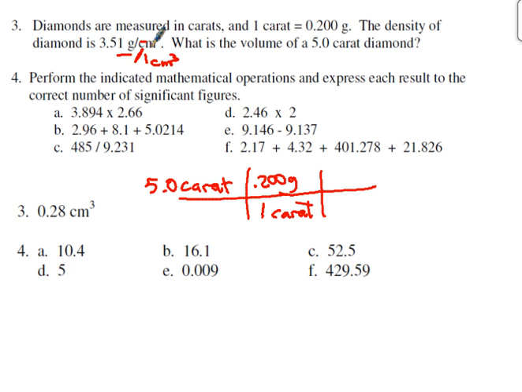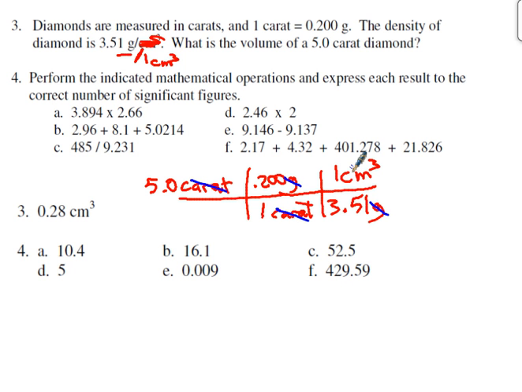Think about that as grams per cubic centimeter, and you could also write it as 1 cubic centimeter is 3.51 grams. You could write that as a ratio upside down. Now you've got the dimensional analysis set up for unit conversion: carats, carats, grams, grams, cubic centimeters.